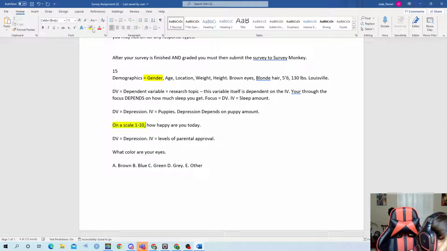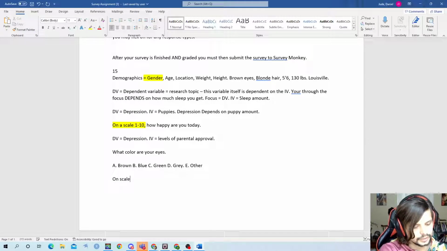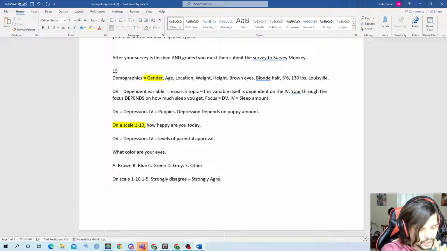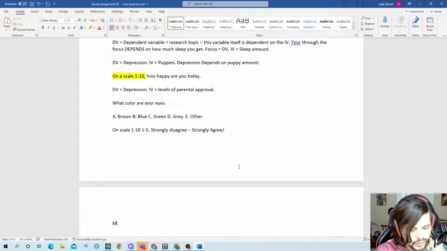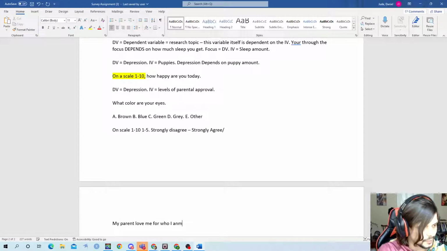So these scales, when you say on a scale of 1 through 10, or 1 through 5 even, or you can say strongly disagree to strongly agree. These are all examples of ordinal variables, ordinal answers, right? So let's say if we're measuring parental approval, you can make a statement, right? It says, my parents love me for who I am, okay?